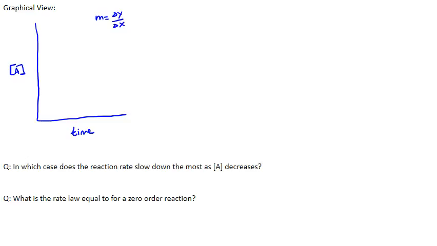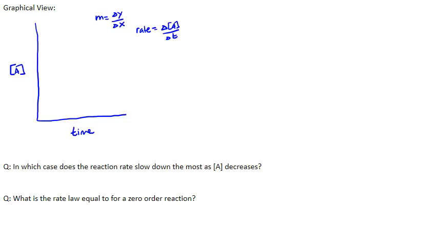And for a rate, it is equal to the change in concentration, we'll say change in A, over the change in time. So it's really the same thing. If I plot concentration over time, then the slope of my line would be equal to my rate.